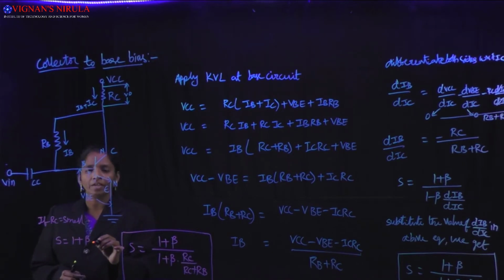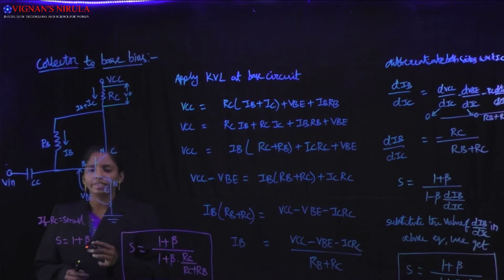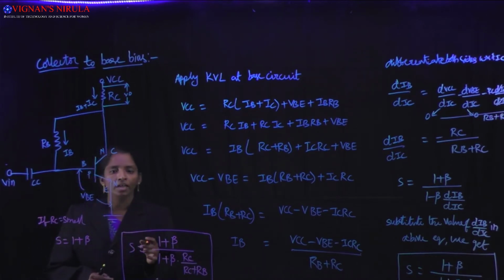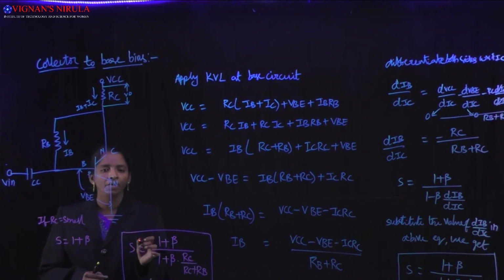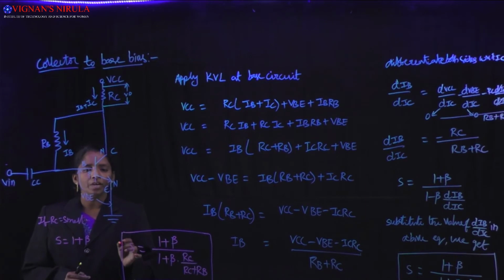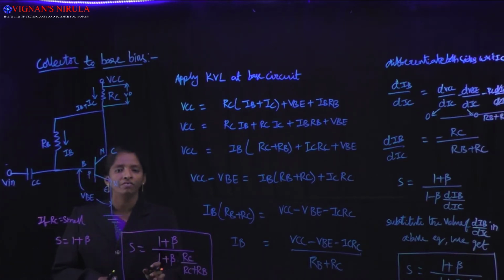We know beta is a large quantity, so the stability factor is also very large. So while designing the collector to base bias circuit, we have to consider the RC value large and the RB value very small. Then we get the stability factor as small as possible. Okay, this is the final equation for the stability factor of collector to base bias circuit.